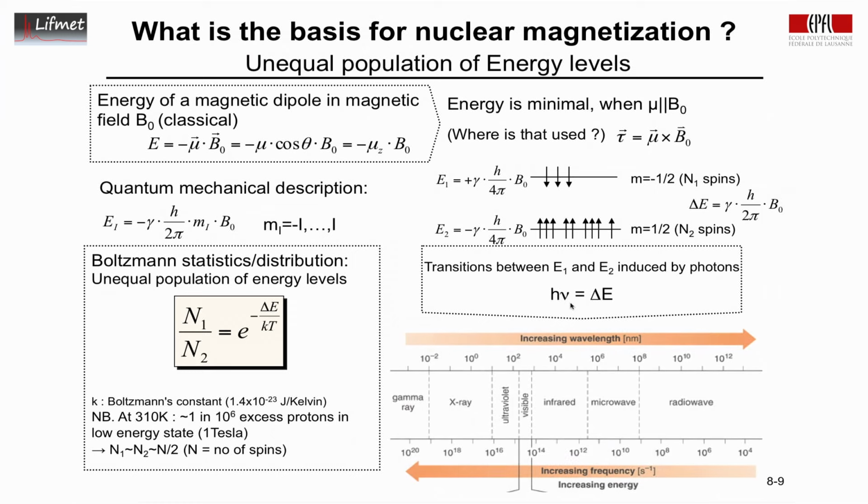And then we can see that for NMR, nuclear magnetic resonance or magnetic resonance, the energies are in this range. So they are in this wavelength range here. We are well beyond microwave wavelengths. So it's very long wavelengths. And what is important here, we are working with non-ionizing radiation in magnetic resonance.